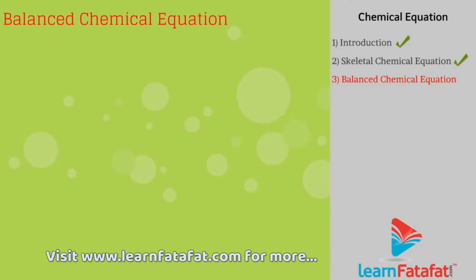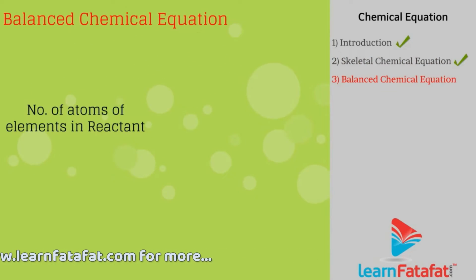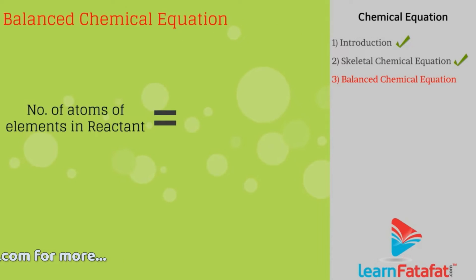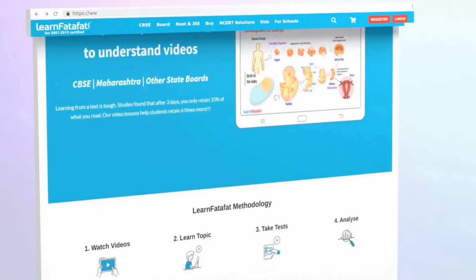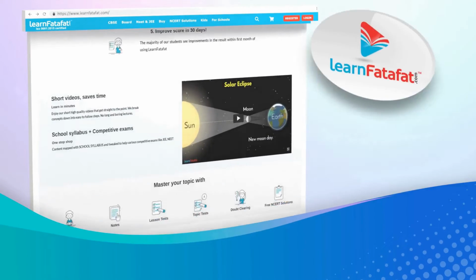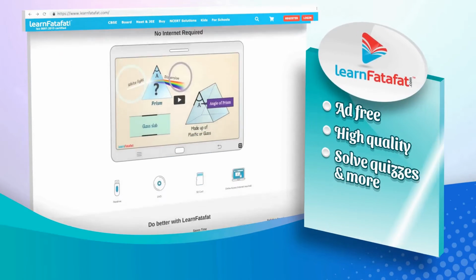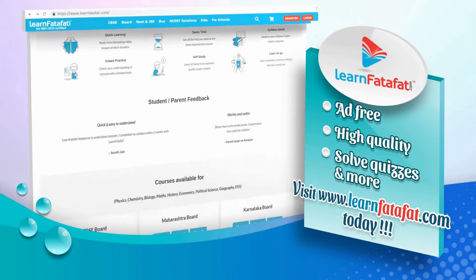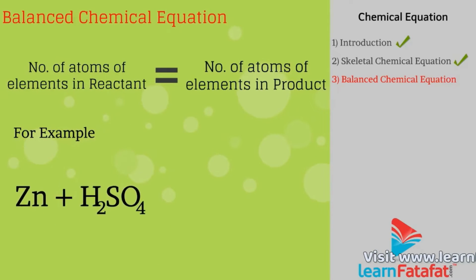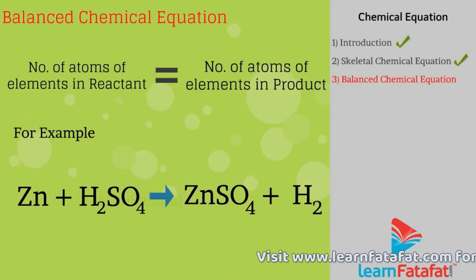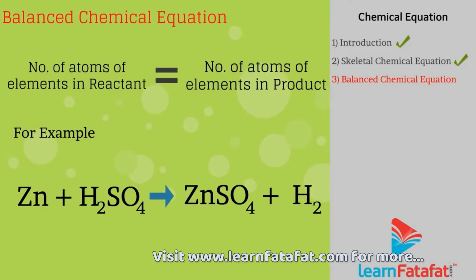Balanced chemical equation. It is a type of chemical equation in which the number of atoms of each element on the reactant side is equal to atoms of each element on the product side. For example, Zn plus H2SO4 gives ZnSO4 plus H2.